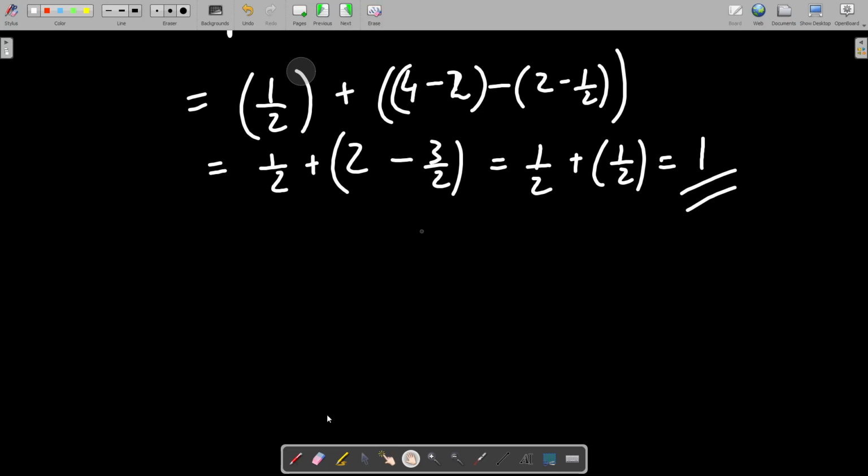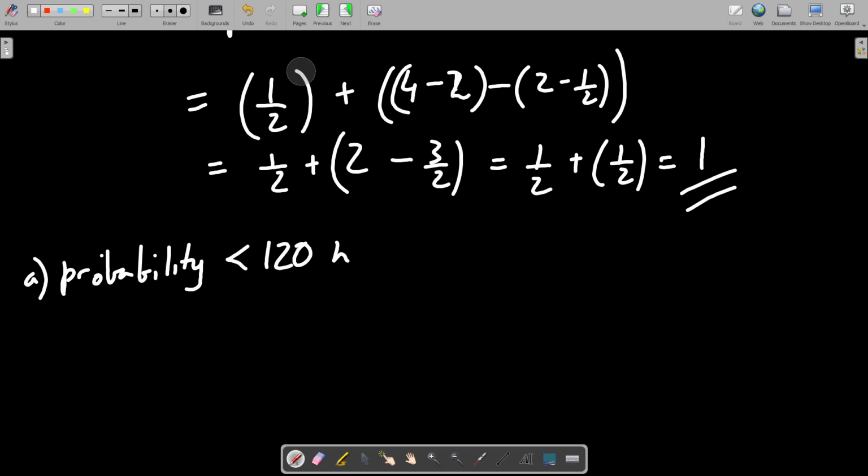See that counting is done in terms of every 100 hours, so 120 hours becomes 1.2, not 120.